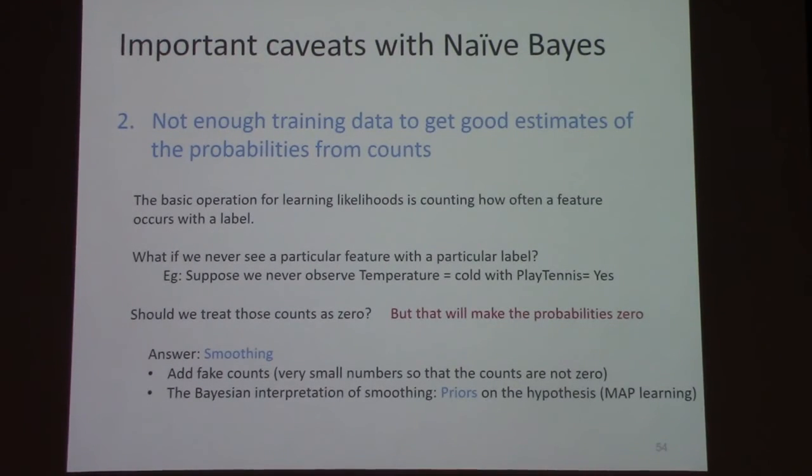This is called smoothing. Or it doesn't have to start with a 1. It can start with a 0.0001, some small number. So you add small fake counts to your counters, and you just build your counts again.